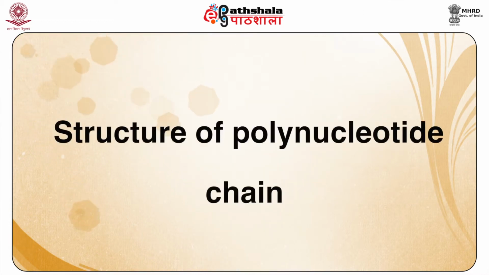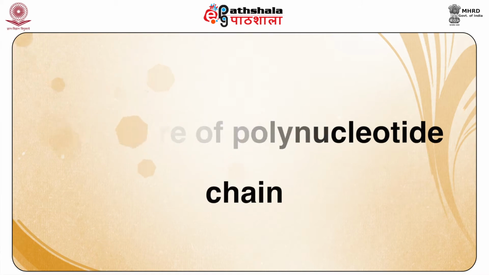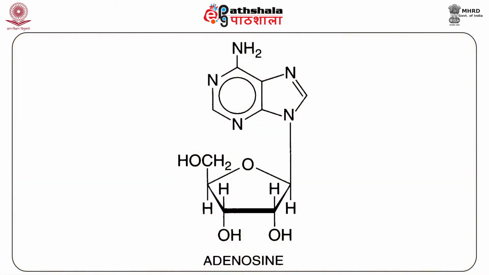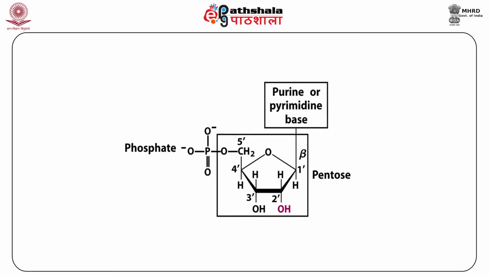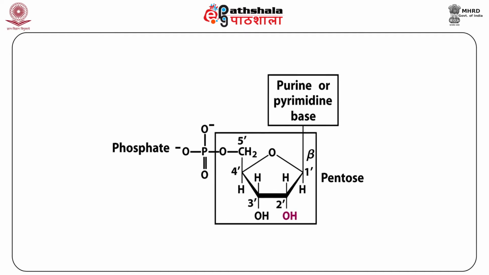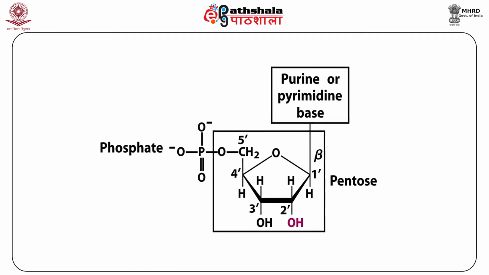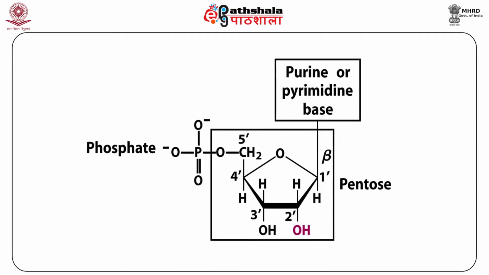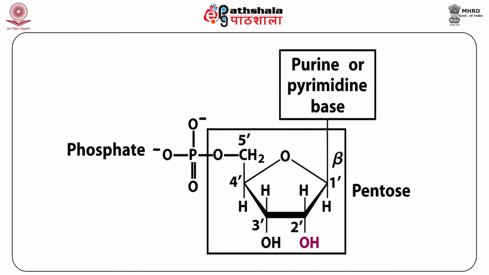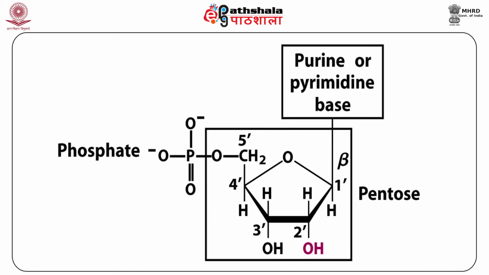Next, we move on to the structure of the polynucleotide chain. The nitrogenous base is linked to the pentose sugar through the glycosidic linkage to form a nucleoside. The phosphate group, which is a component of DNA, links to the 5' hydroxyl group of the nucleoside to form a nucleotide through phosphodiester linkage.